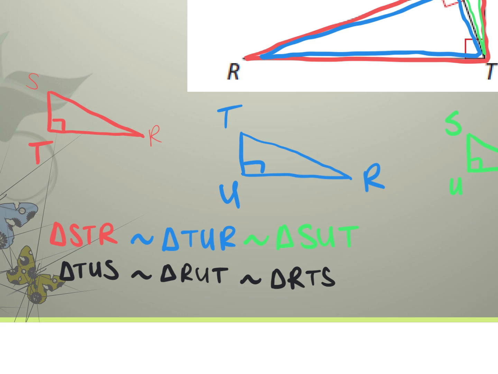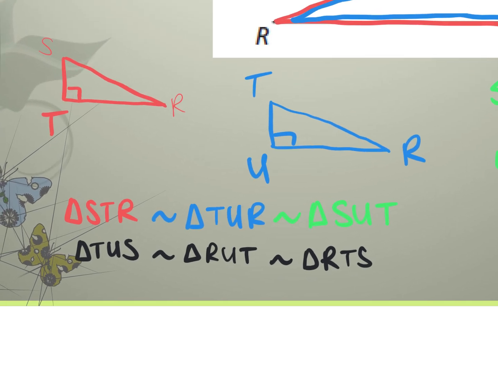Is Christian right? I agree with him, okay? He did reverse the order. So do you see how the green triangle, his green triangle came first, okay? So he did the green triangle first, and he reversed the entire order. So he went, instead of first to last, he went last to first. But he did that for all 3 of them. So it went RUT instead of TUR. And then he also, instead of STR, he went RTS. So he is absolutely correct as well.